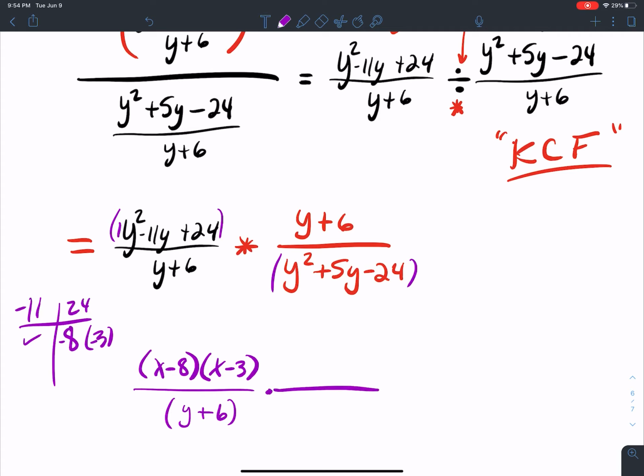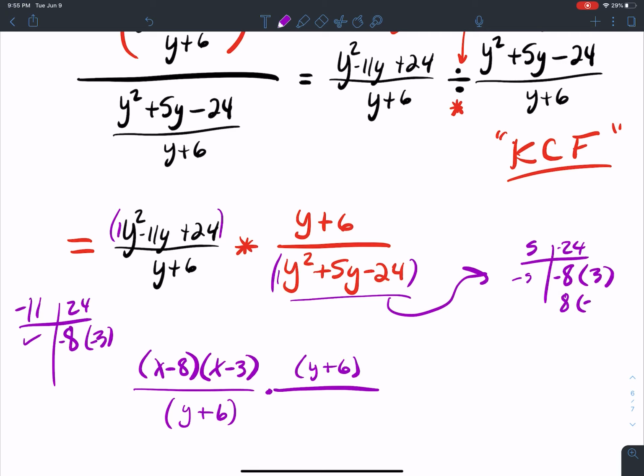And then over here, I've got my y plus 6 there. But then this denominator here, it's a 1 in front, so I can do the quick method, multiply to negative 24, add to 5, so 8 times 3, if that's a negative 8, that's negative 5. If it's a positive 8 and a negative 3, that's a positive 5.